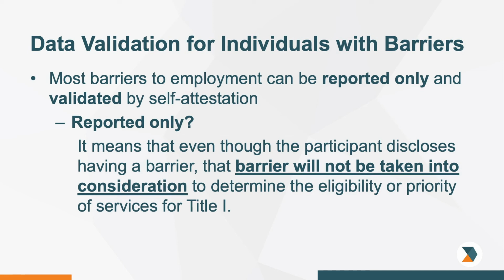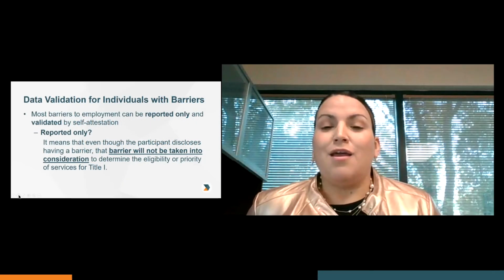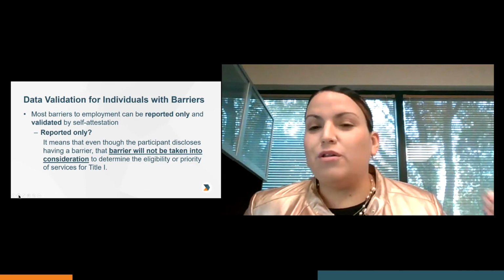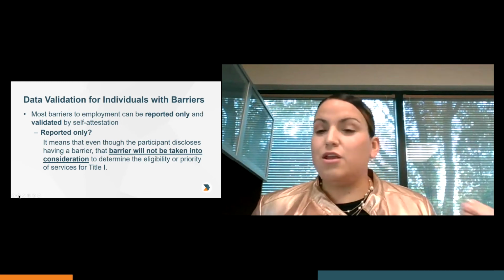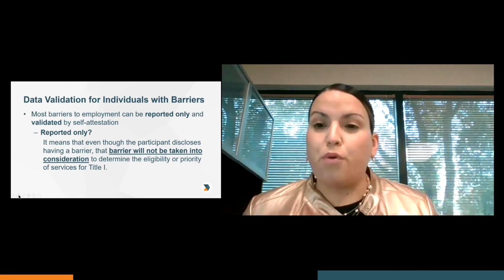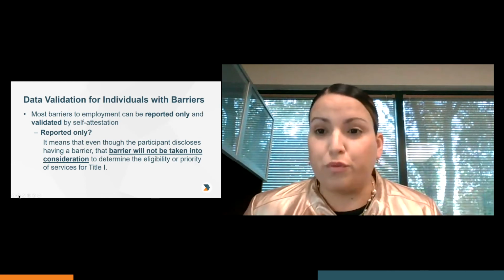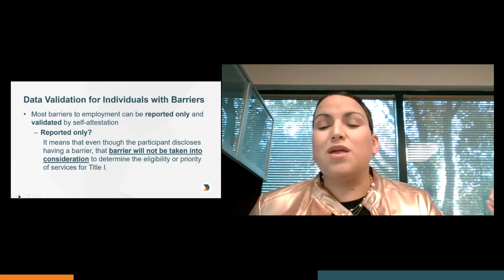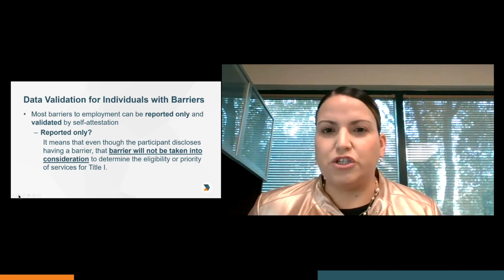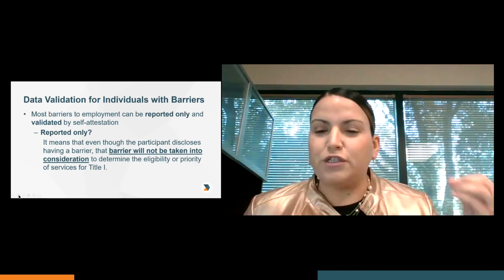So for those barriers, we are telling you today that you can put them into the reported only bucket, which means that you only have to track these barriers. You only have to report these barriers, but you do have to report them, right? And then you can validate these barriers with self-attestation. That's our first bucket.